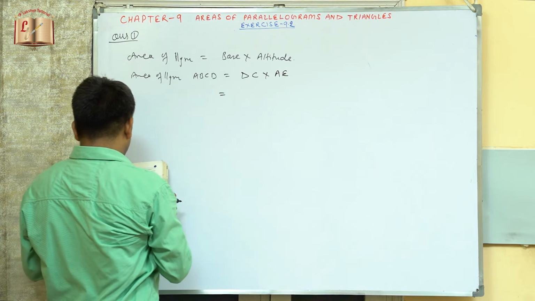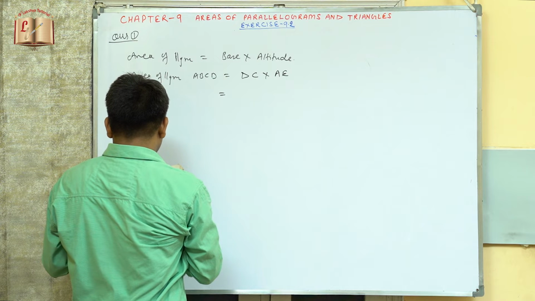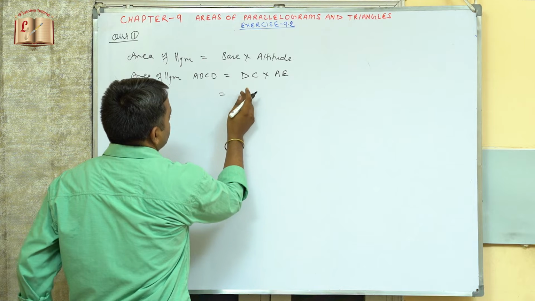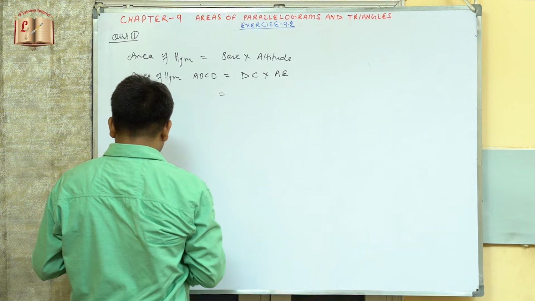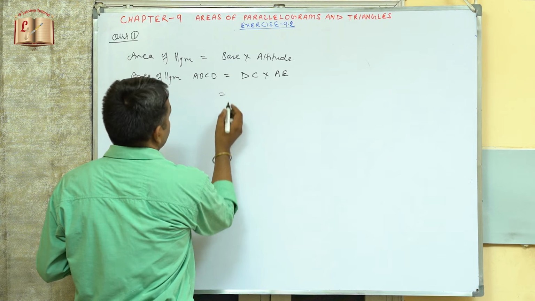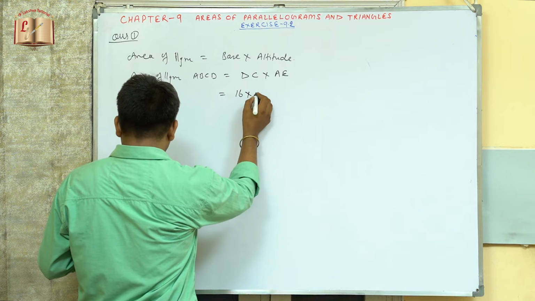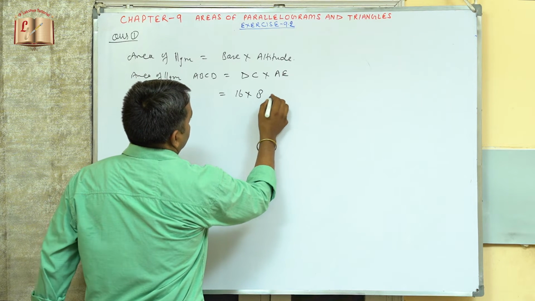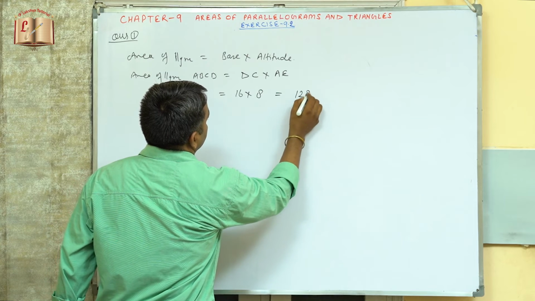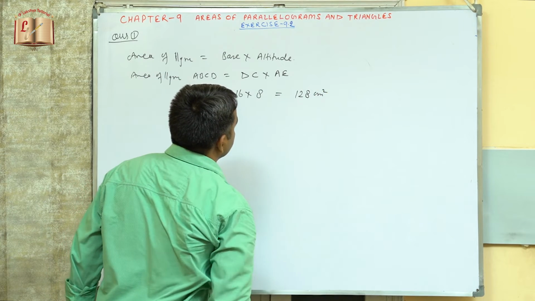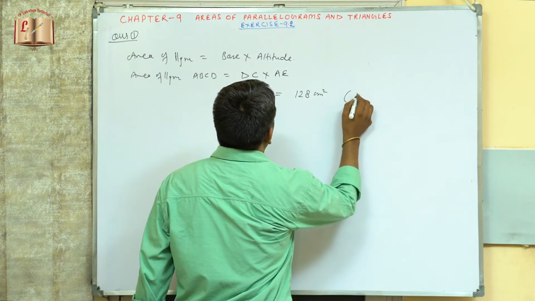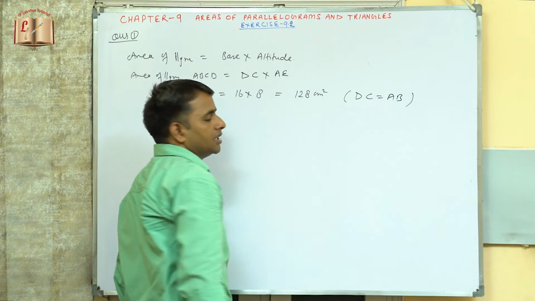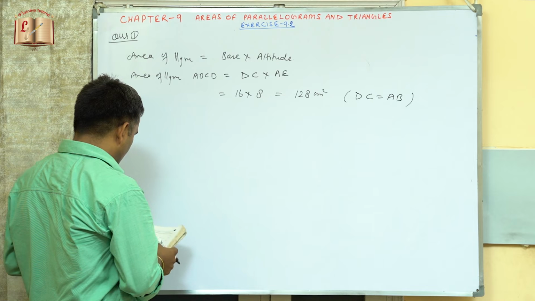DC is equal to AB because these are the opposite sides. Once AB is given to us as 16, naturally DC will be 16. So this is 16 into AE. AE is given as 8. So this is 128 centimeter square.